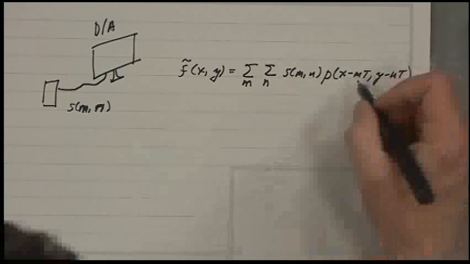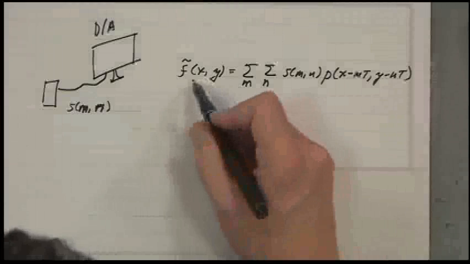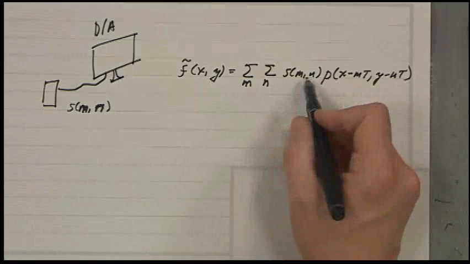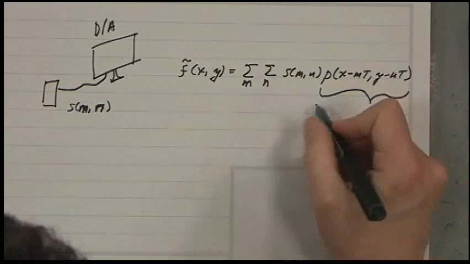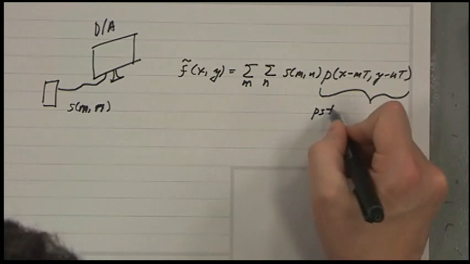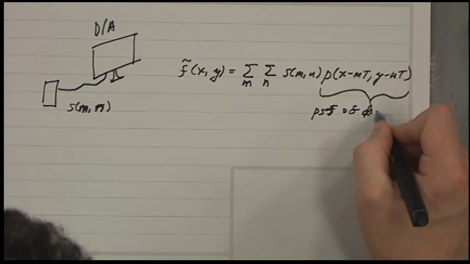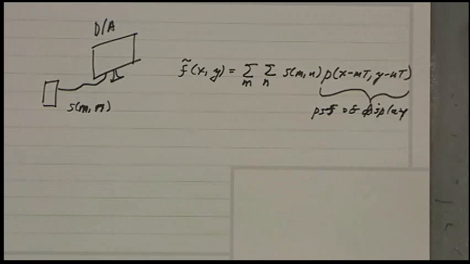But what happens is that the output of this is continuous in space, and the input's discrete. So this is like the PSF of the display. They used to call this the pixel profile or something like that.